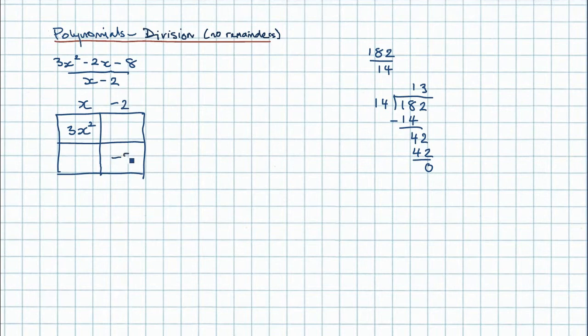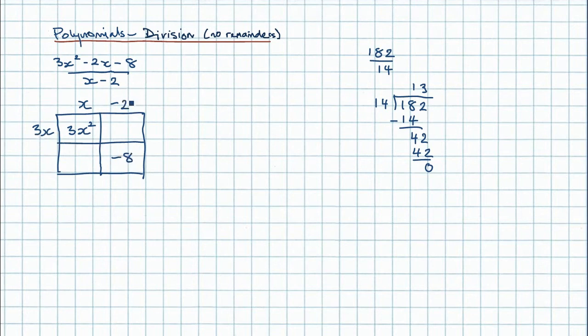And that's all we need to know, in fact, because all we do now is say, well, 3x squared divided by x will give us 3x. So 3x times x gives us 3x squared, so that must be correct. So we've already got one of our terms, and we can get the last term of the quotient from these 2 figures here.